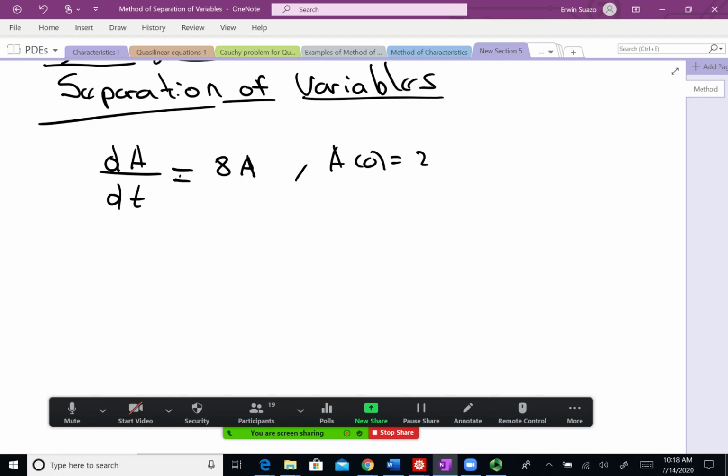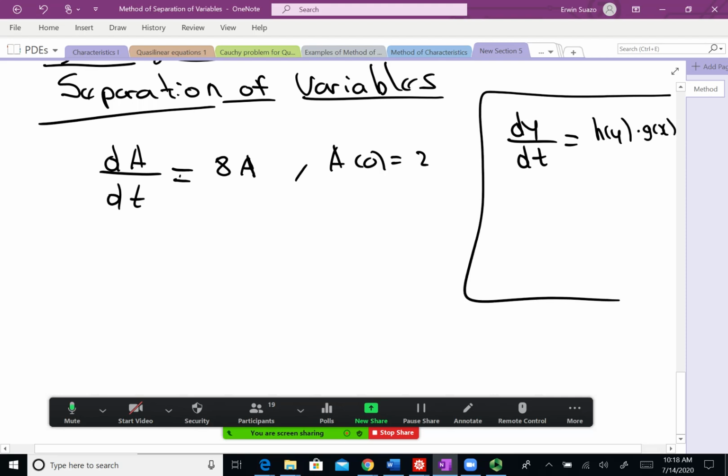So the applications we're gonna see, like population growth of a bacteria, a cooling law, Newton's cooling law, circuits, are very similar to this equation. So what I show in my video is that we have dy/dt, and we have a function, let's say h of y, g of t.